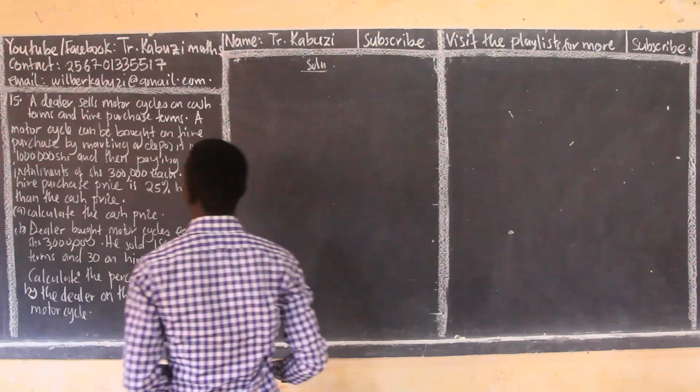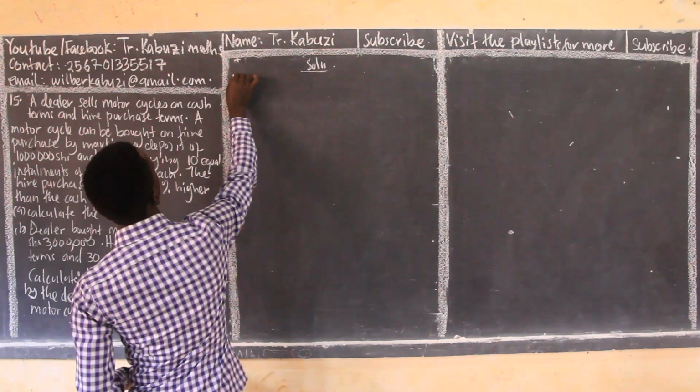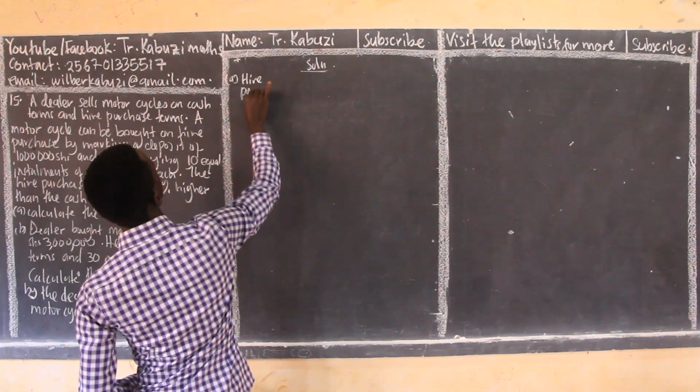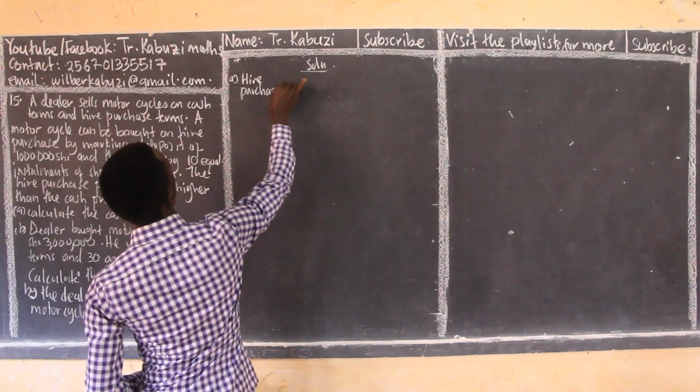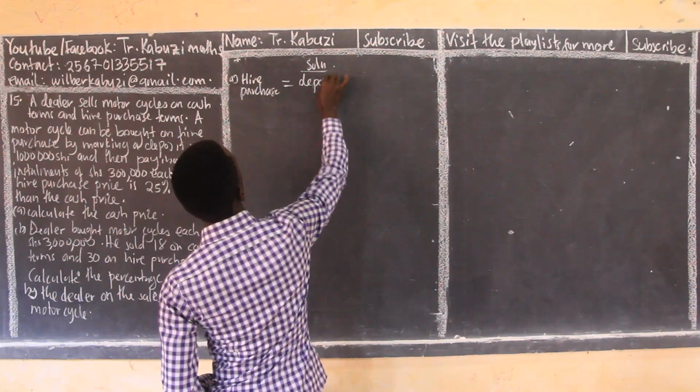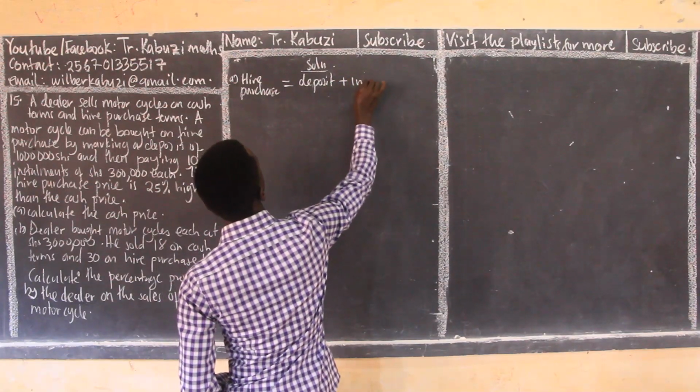So we start by getting the hire purchase price. Part A, our hire purchase. You know that hire purchase is equal to deposit plus installments.